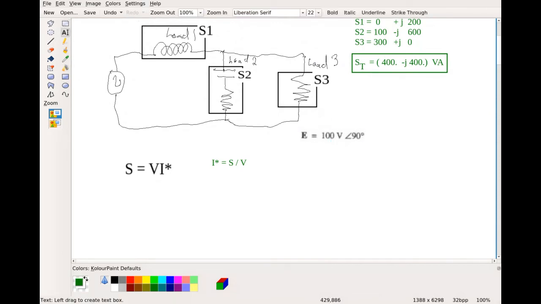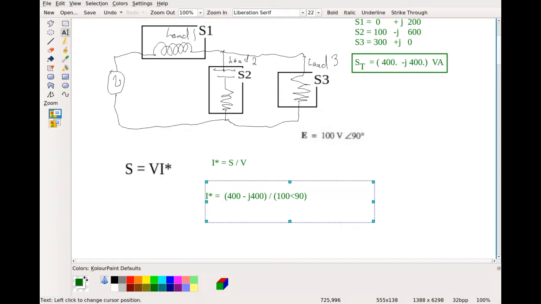Okay, so in that case, I conjugate is going to be 400 minus j400 divided by 100 angle positive 90 degrees.